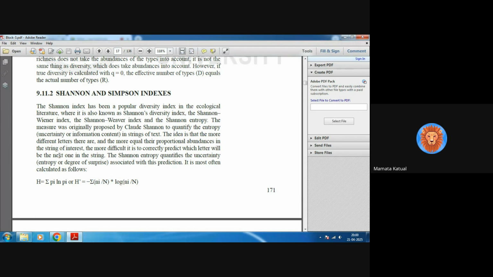So it will be a fraction, and from that we can calculate the Shannon index.